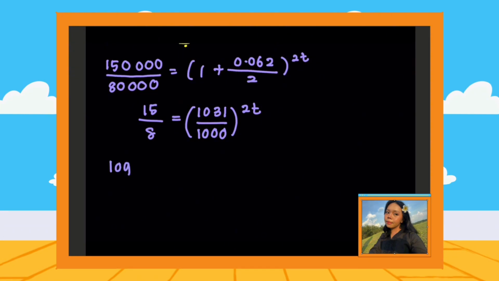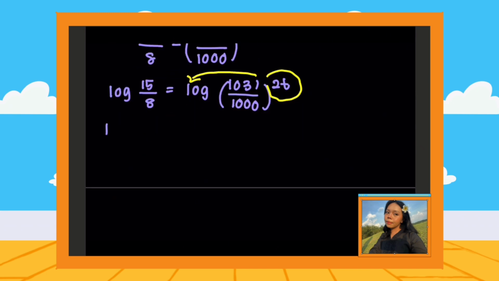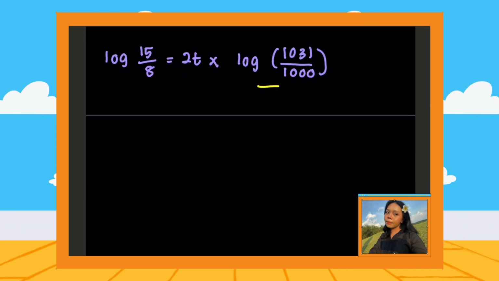Now when we have solved both sides, we need to put log in front of the numbers, which is log 15 over 8 and log 1031 over 1000. When we did that, we need to bring the 2t in front of the log. So it will become log 15 over 8 equals 2t times log 1031 over 1000.